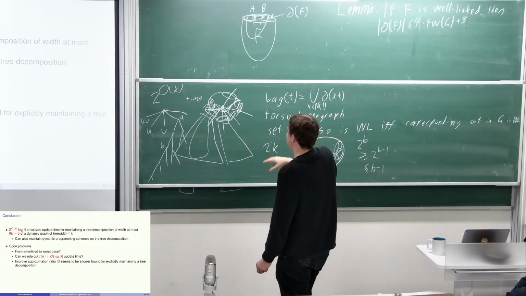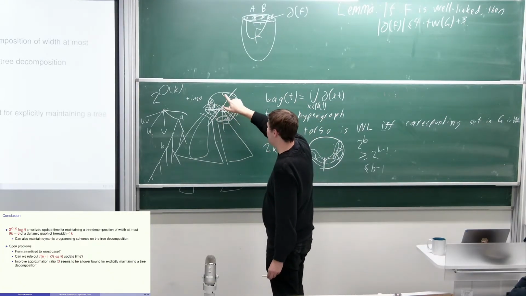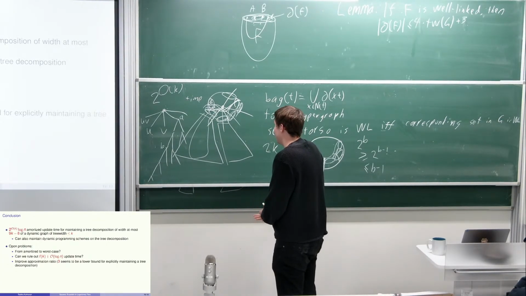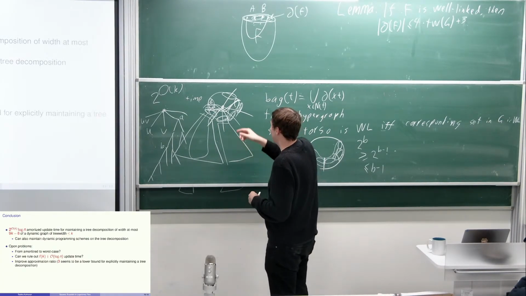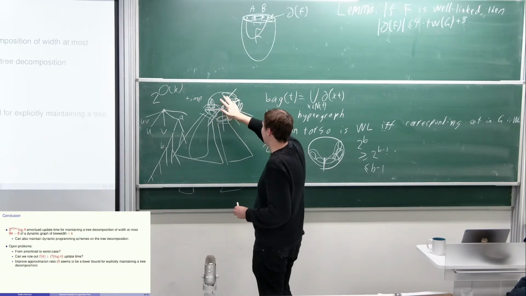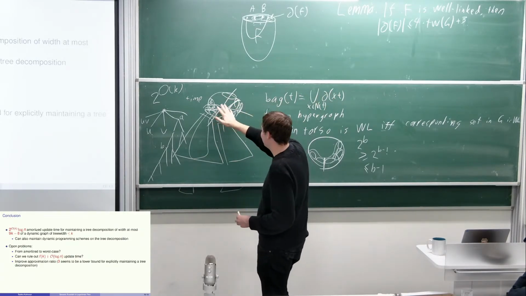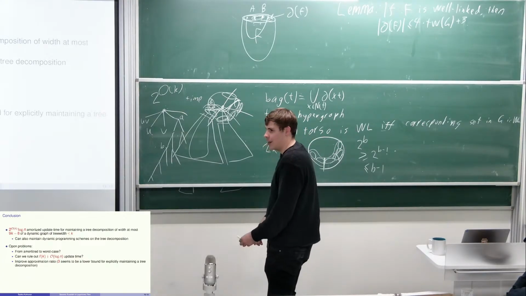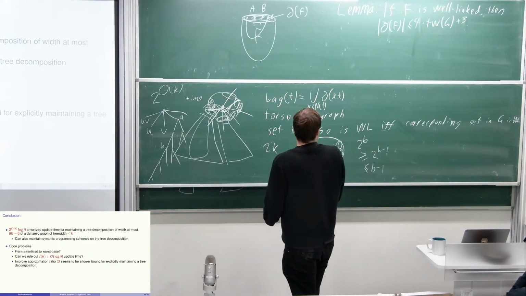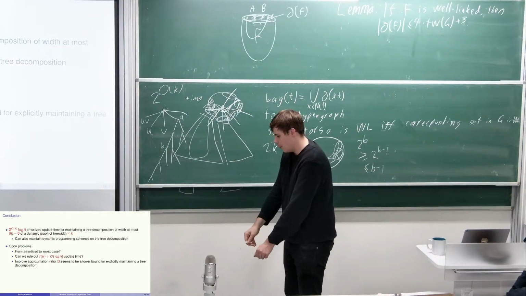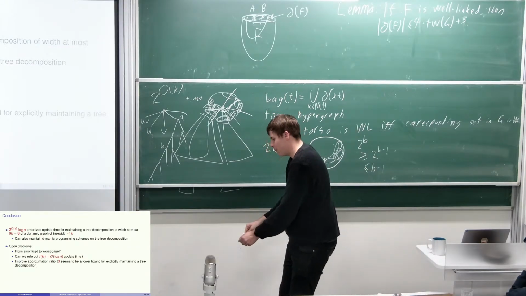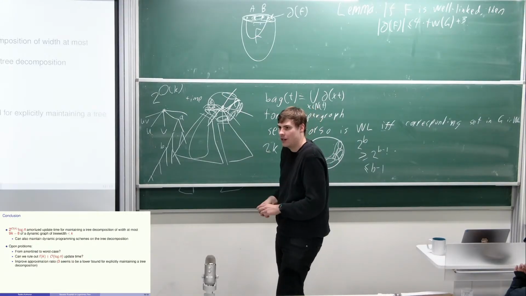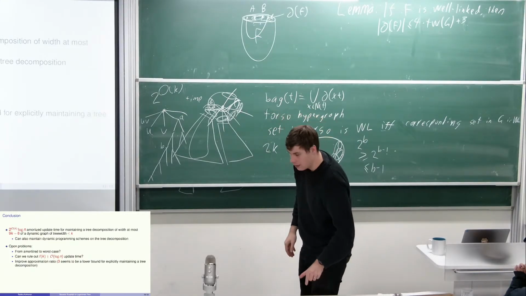And here we want to say that the treewidth of this torso hypergraph depends on some things, but you can bound it by the largest boundary of a well-linked set in this hypergraph. So you kind of go from treewidth to well-linked set boundary and back from well-linked set boundary to treewidth. And in both steps you get a factor of 3.